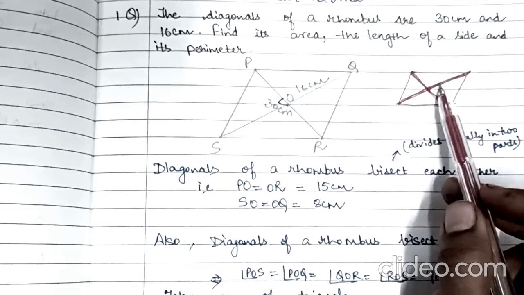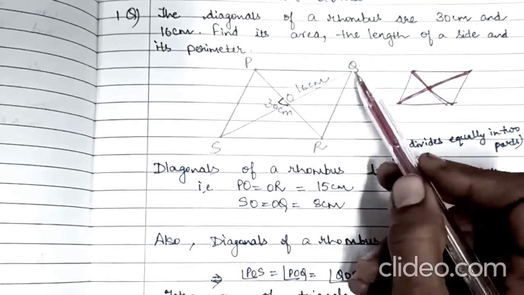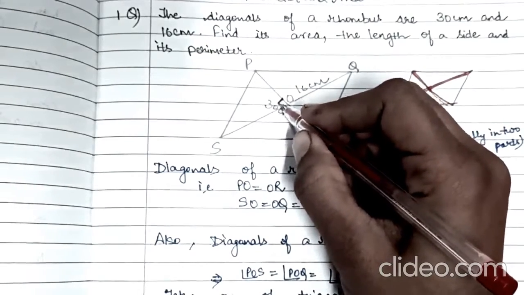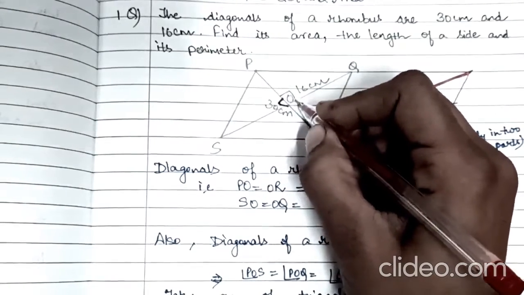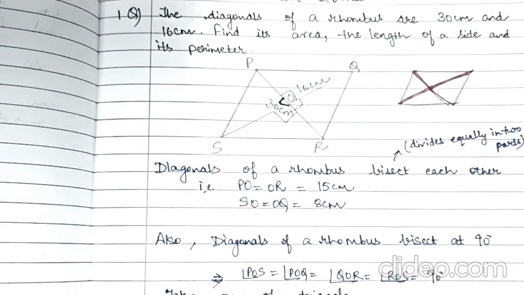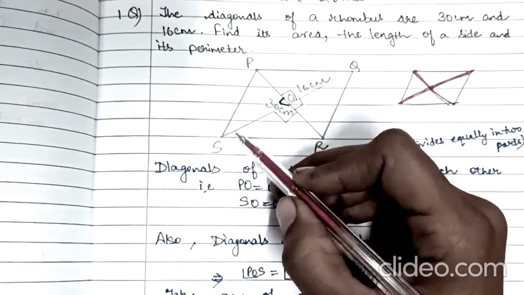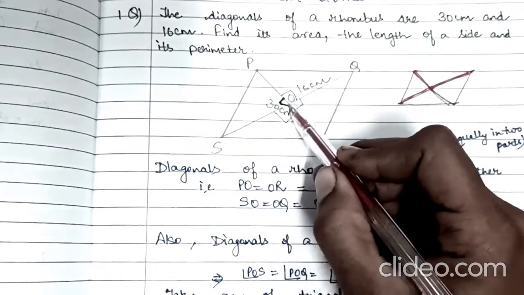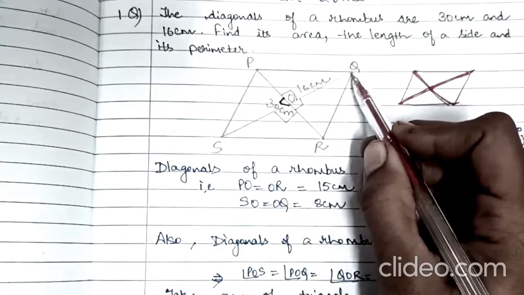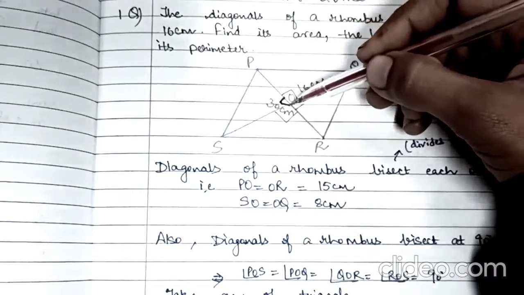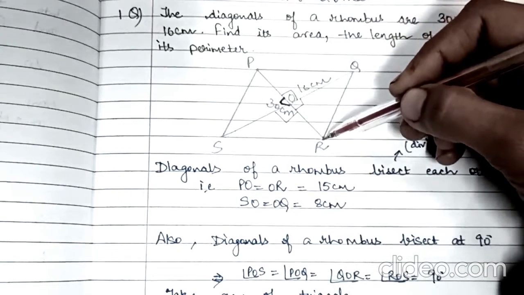Also, the diagonals of a rhombus always bisect at 90 degree, which means all these angles are 90 degree. So bisect means if this is 16 centimeter, this will be 8, this also will be 8. If PR is 30 centimeter, this will be 15, this will also be 15.